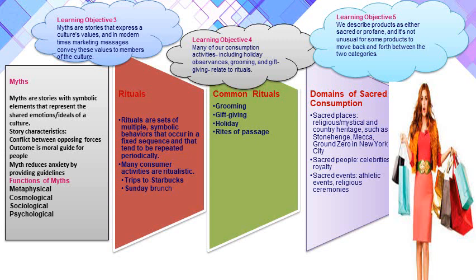Domains of sacred consumption: sacred places, religious, musical, and country heritage such as Stonehenge, Mecca, Ground Zero in New York City. Sacred people: celebrities, royalty. Sacred events: athletic events, religious ceremonies.